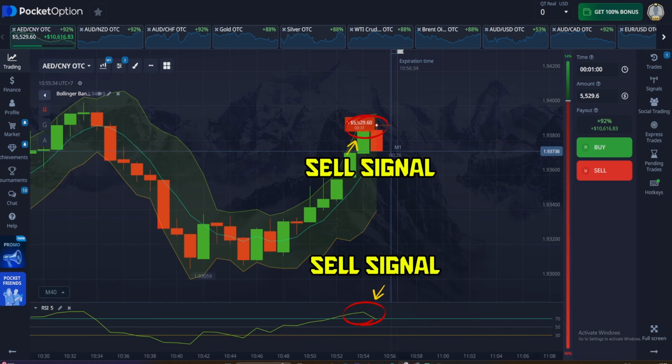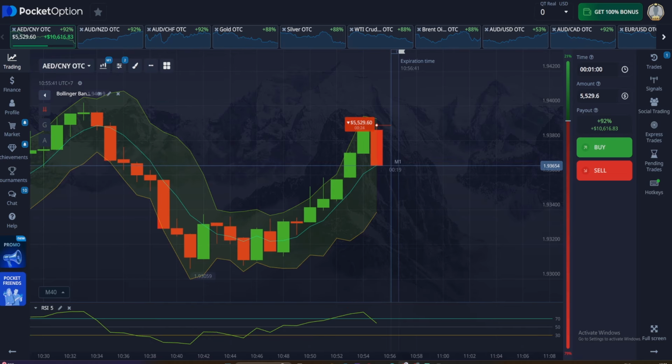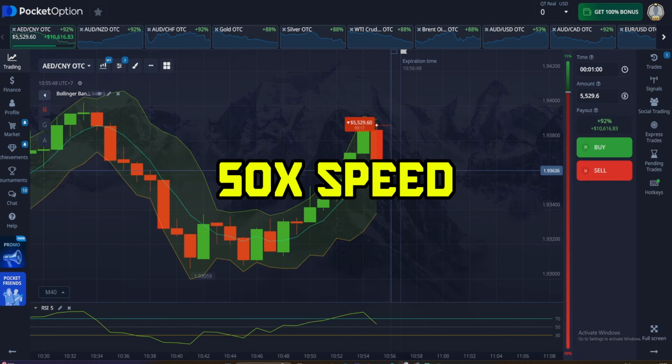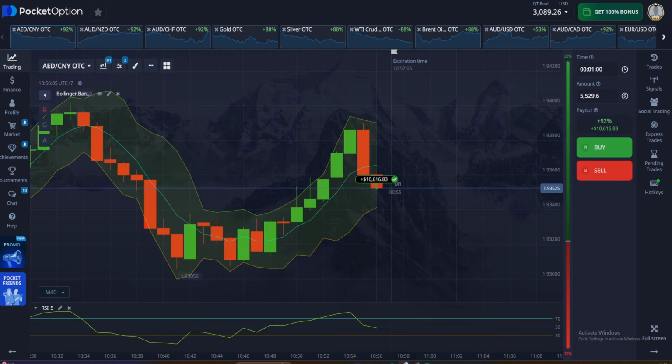The combination of the candle touching the upper band and RSI being overbought above 70 gives us a strong confirmation for a sell entry. Okay, profit. The price moved down exactly as we expected.